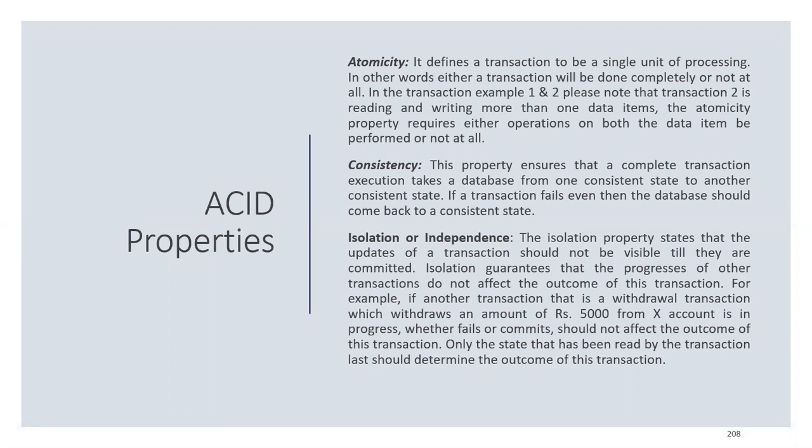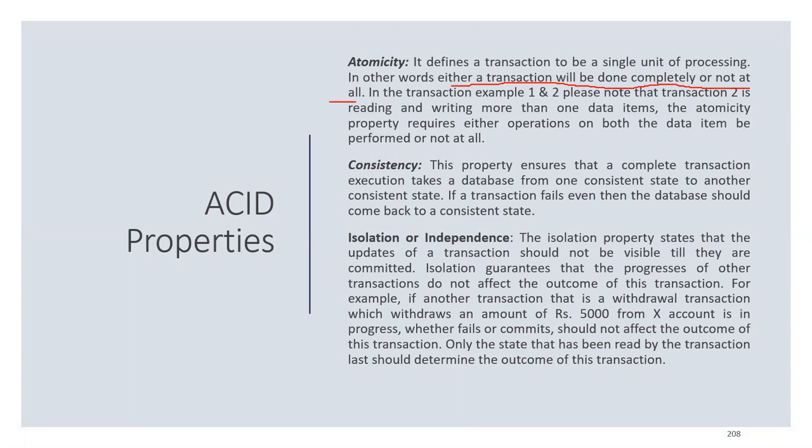This is because incomplete execution of the transaction results in negative consequences. So here atomicity means execute all the instructions completely. Either the transaction will be done, done meaning executed completely, or not at all.